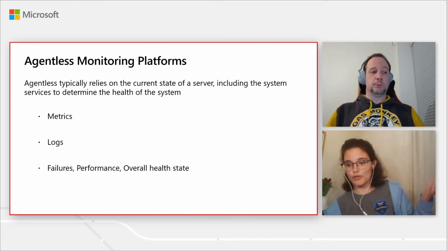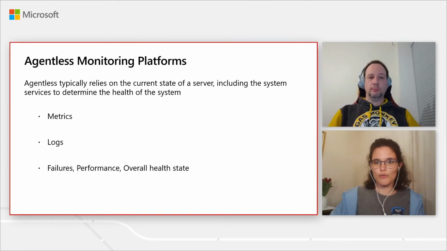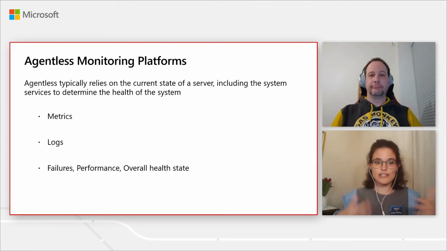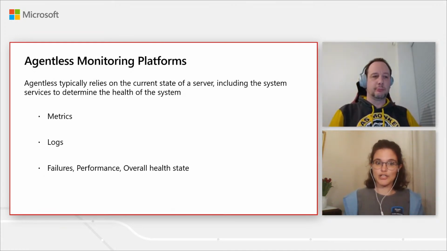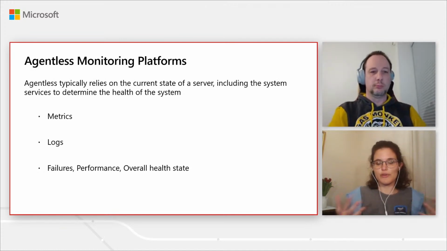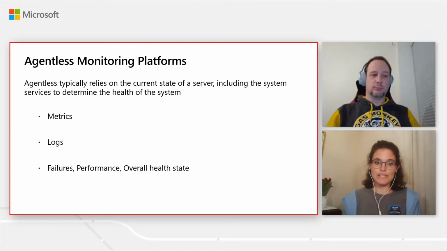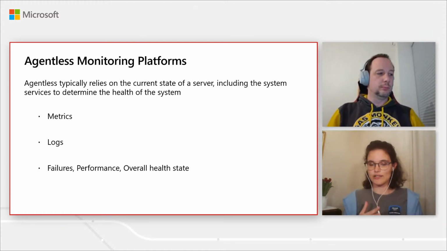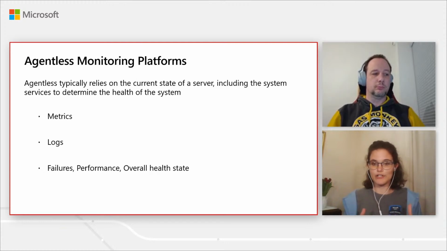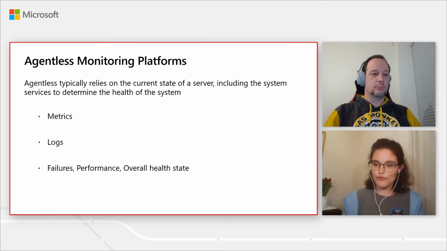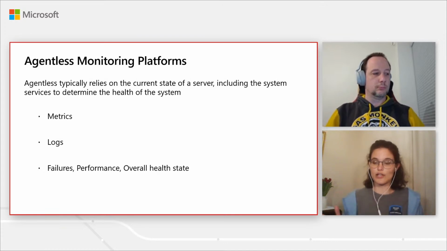So we know that there are two categories. Let's discuss a little bit more about the agentless monitoring option first. The previously described scenarios of metrics and logs were good examples of agentless scenarios. We didn't need to deploy any agent to get information, but out of the logs and metrics, we still get feedback on failures, application performance, and the overall health state of the application.